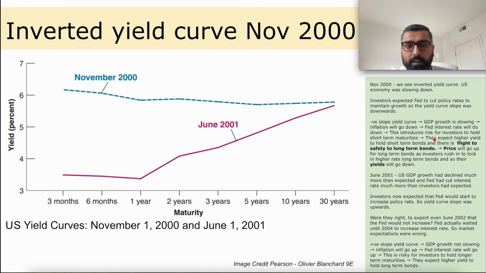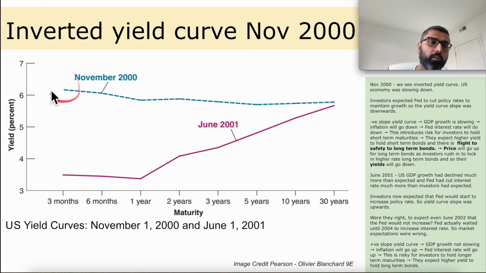And when there is an expectation that the Federal Reserve will cut rates, what do you think will happen? It means folks expect that they will not be able to enjoy these higher rates in the short term. And so there's a flight to safety.